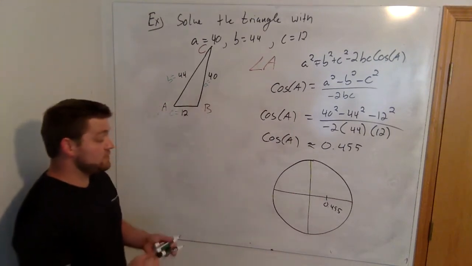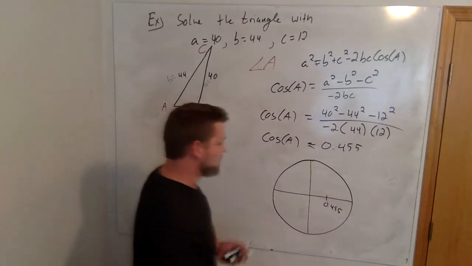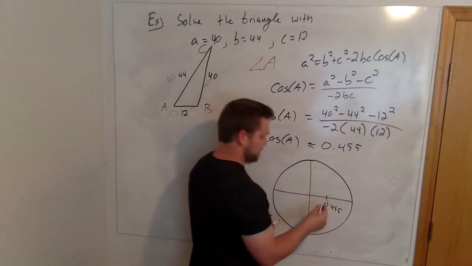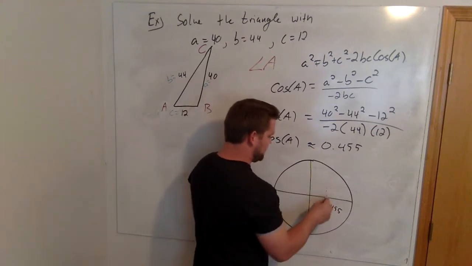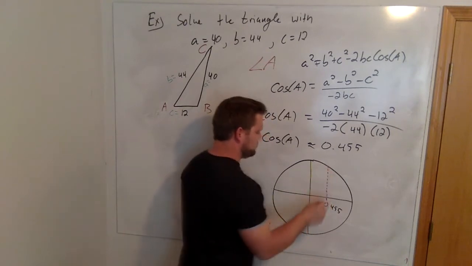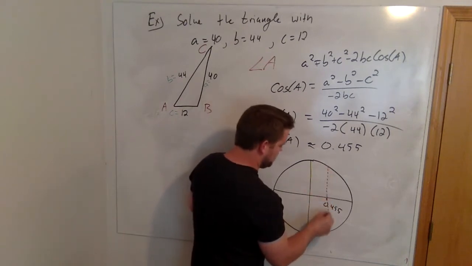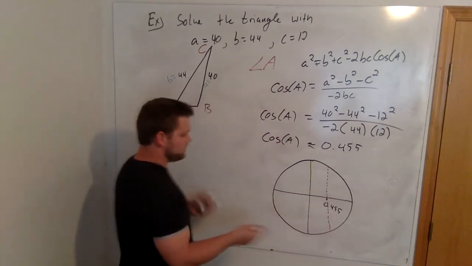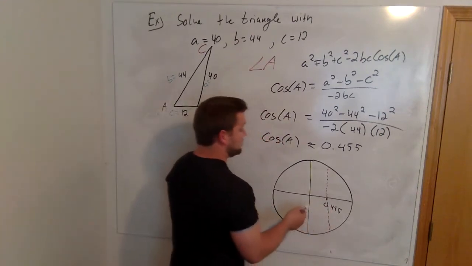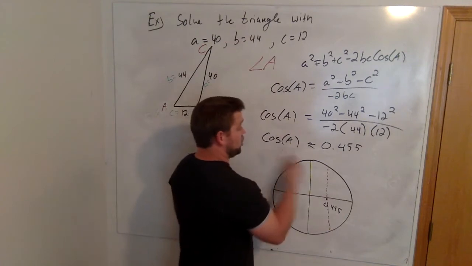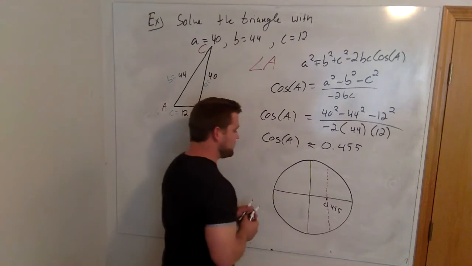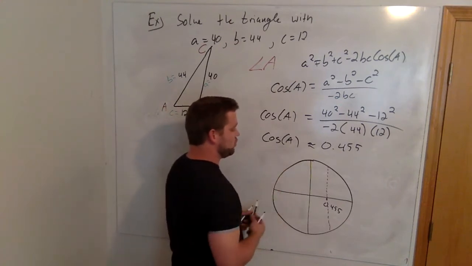Now this will be something nice to pay attention to once we get into chapter 7 when we start to solve trigonometric equations. But there are two angles on the unit circle that give us this width here. Well, there's an infinite number of angles that give you a cosine of 0.455.